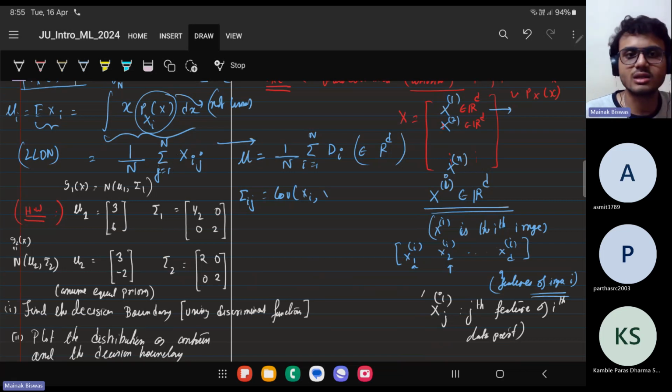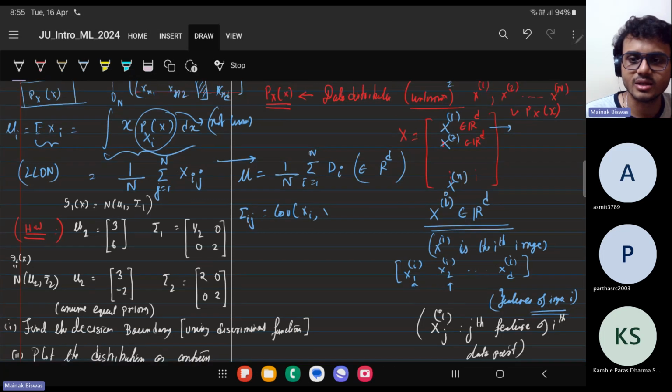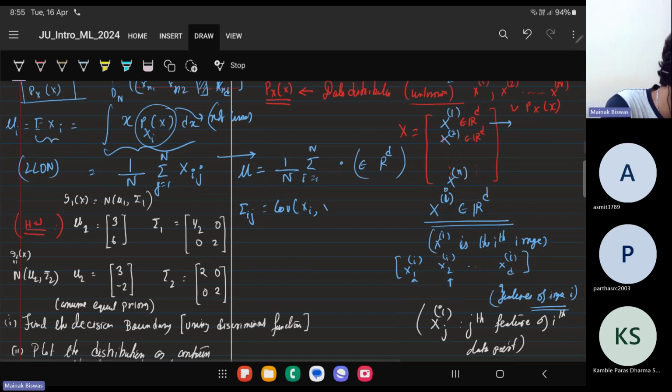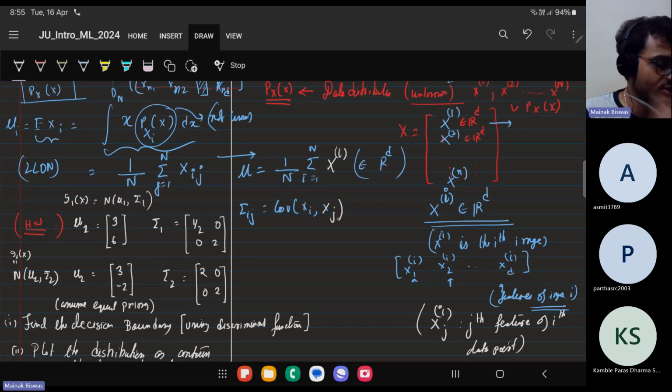Okay, is it clear now? Anything in the subscript is the feature, anything in the superscript is the data point. So if I ask you what is the covariance between xi and xj, what will you tell me?